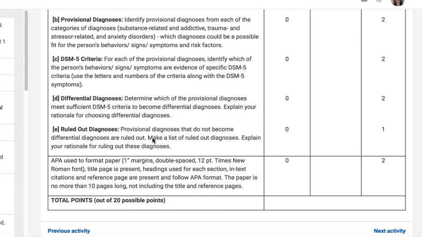Now you're saying to yourself maybe, oh my gosh, this is really a tedious process. There's so many steps. Well, making a diagnosis is a huge responsibility, isn't it? Because the outcome of the diagnosis is a treatment.